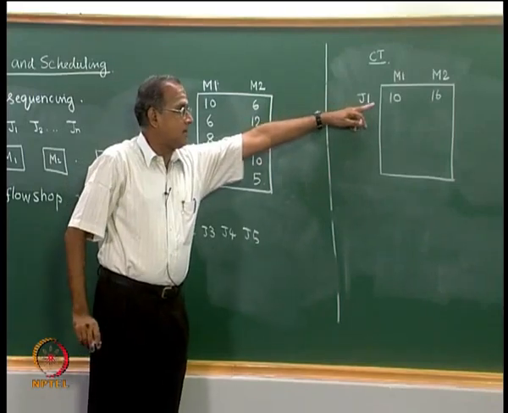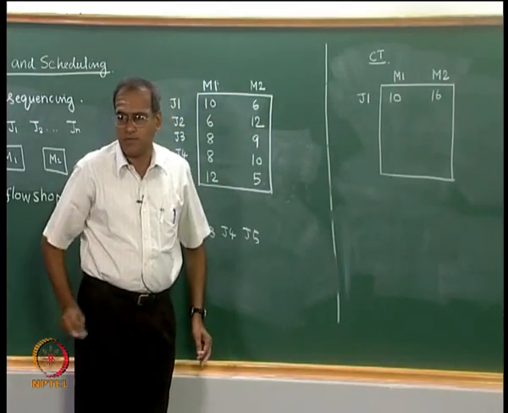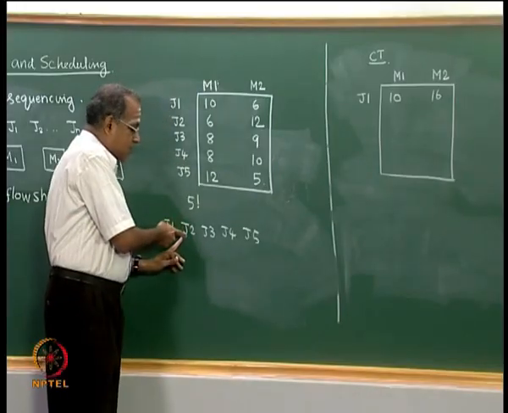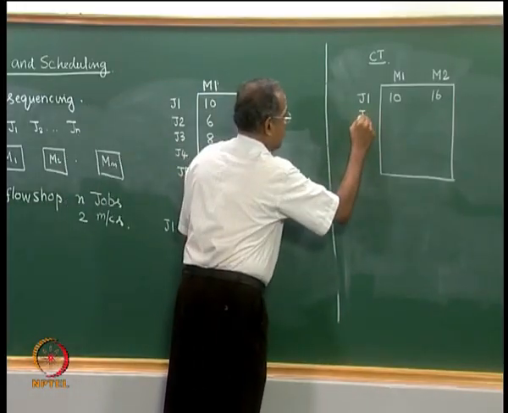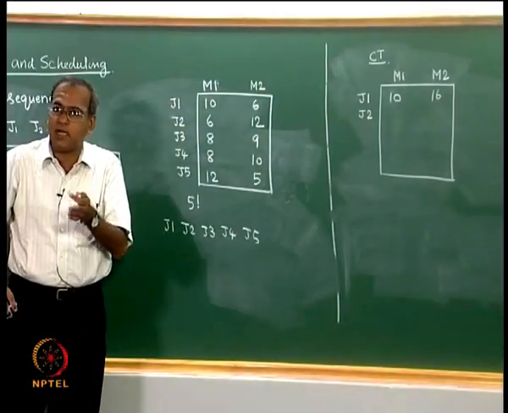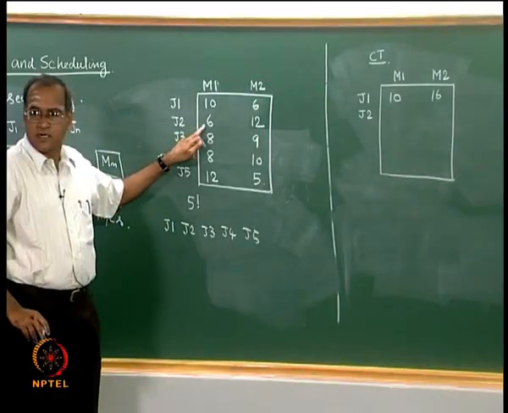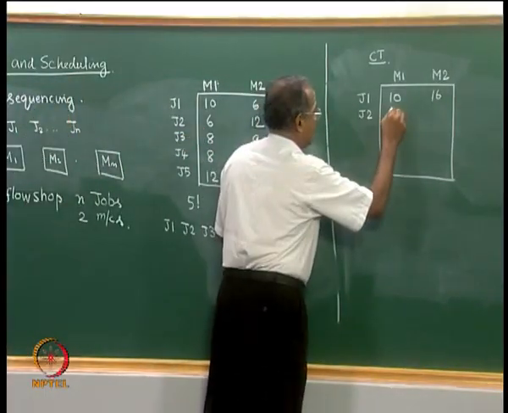Now, at 10 M1 is free and therefore, the next job goes to M1. Right now we are evaluating it for a sequence, so J2 comes in next. Machine M1 is available at time equal to 10. Therefore, J2 starts at time equal to 10 and finishes at time equal to 16.